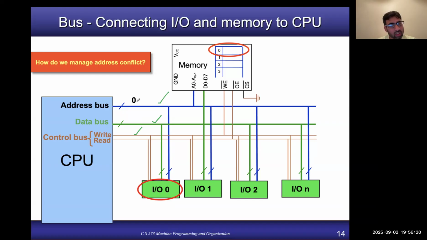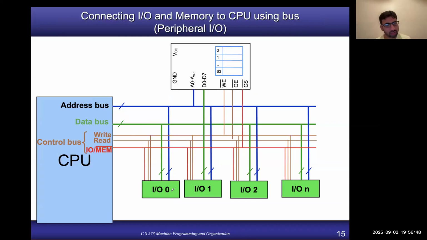Does it mean that we are going to write at location 0 of the memory chip, or are we going to read or write data from the IO device with ID 0? How do we figure out which particular device this address is destined for, the memory or the IO devices?